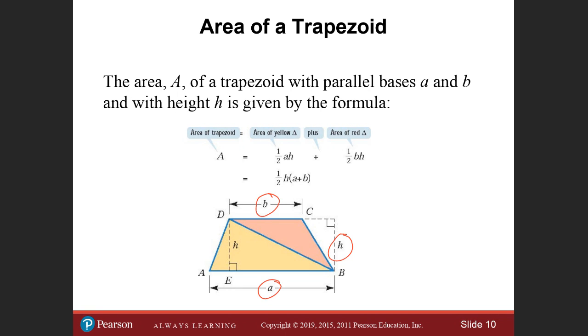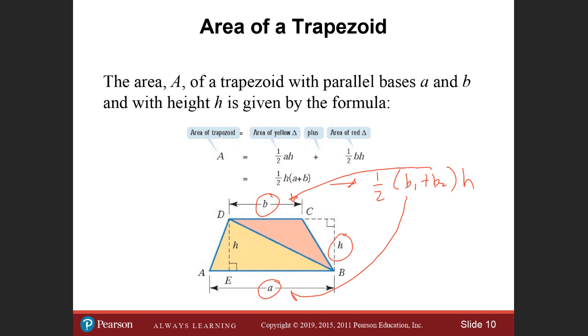So you can also say 1/2 times your base times height. You can have base 1 plus base 2 times your height, where your base 1 is your A and your base 2 is your B. So that's the same thing also.